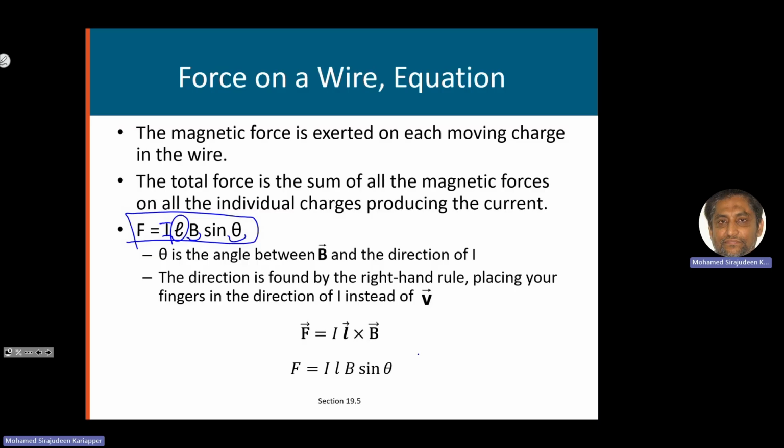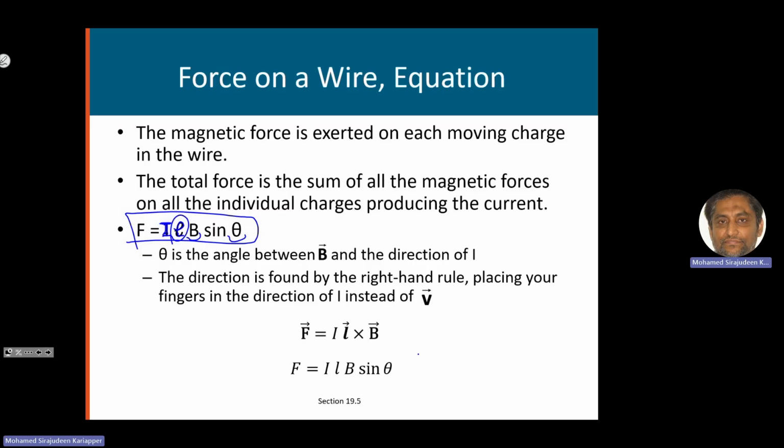But instead of giving the direction to the current, we'll give the direction to the length of the wire. So it will be the direction the current is flowing through that length. So we'll keep the I as a scalar. We will not make it a vector. We'll make the L to be the vector. Its direction is the direction of flow of the current through that length.